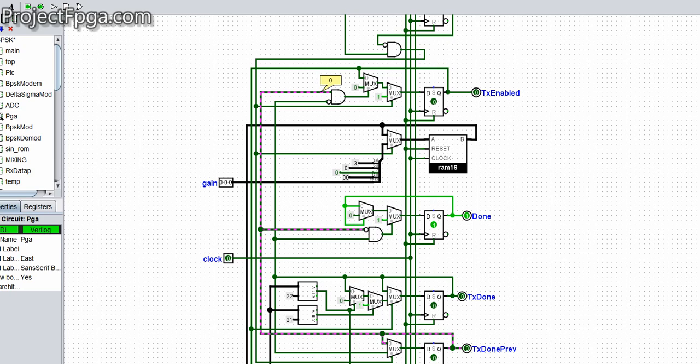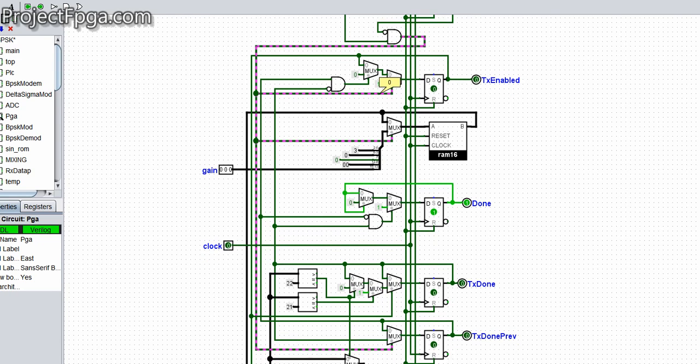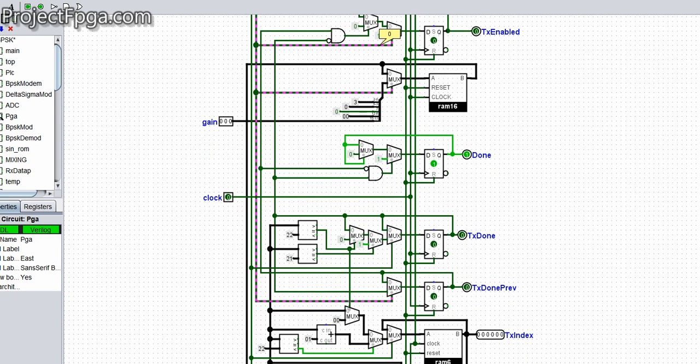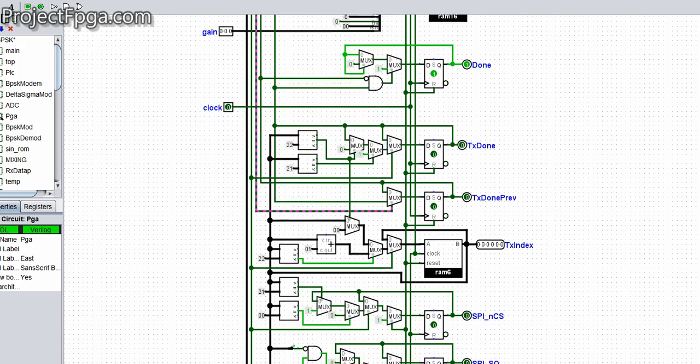For this one, it says whenever the TS done previous is on and the TS done here is off, it should set the TS enabled to 0, and that is how the TS enabled is being reset. So a lot of these are just signals for turning on and turning off.